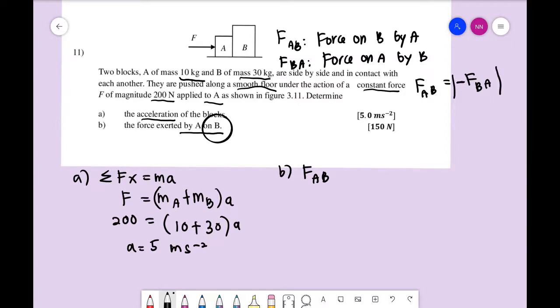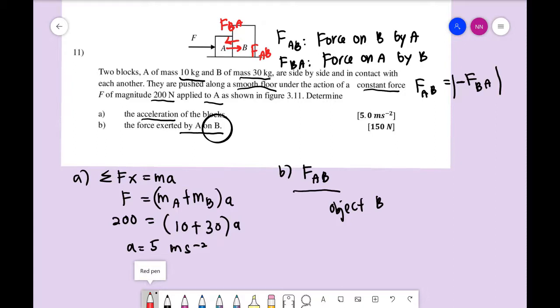So when we want to find the force exerted by A on B, we have to consider the force on object B. A will push B, so this is force on B by A, and for object A, B will push A, so this is force on A by B. So they actually cancel each other.